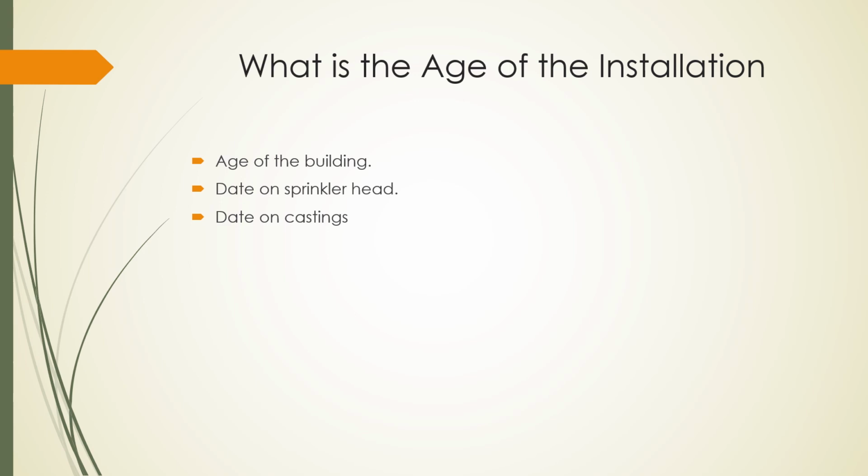Now there's a SIN, identification information that's associated with the sprinkler as well, but that didn't come into place until 2000. So for our purposes, the SIN's not probably going to be all that important. Then the final piece of information is date on castings, which give us a rough idea of the age of the installation.